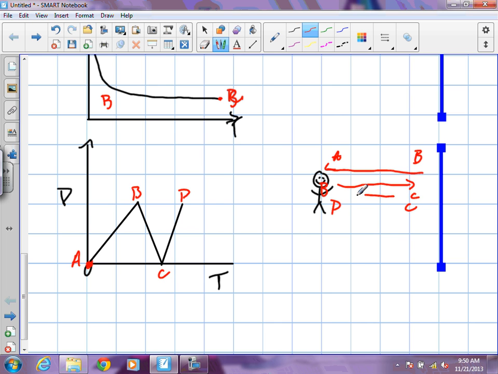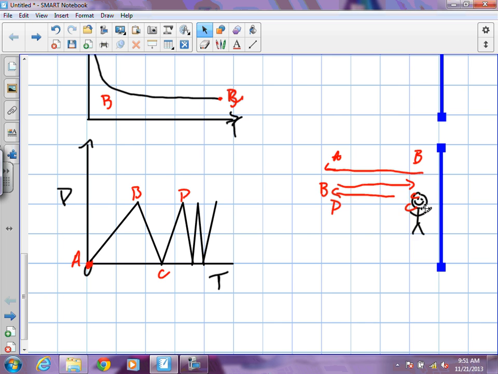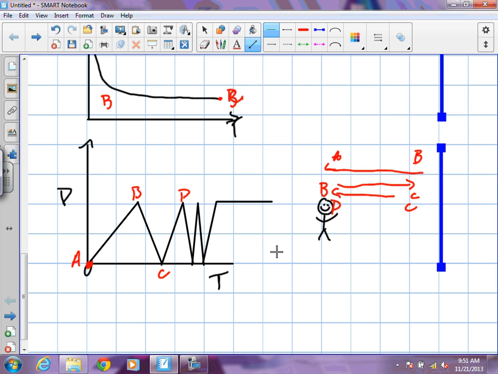He's got to run back to the wall. It gets even faster. And then eventually would pick up this type of idea. And then what happens if I end it there? Go there, and then he gave up. Okay? We'll say he passed out, he gave up. That's it. Just lay down on the ground there. So there's his beep test. So what do you do on your beep test?